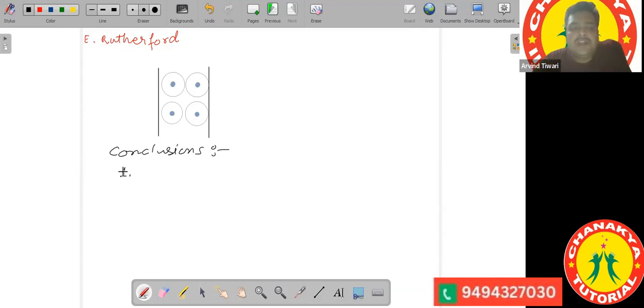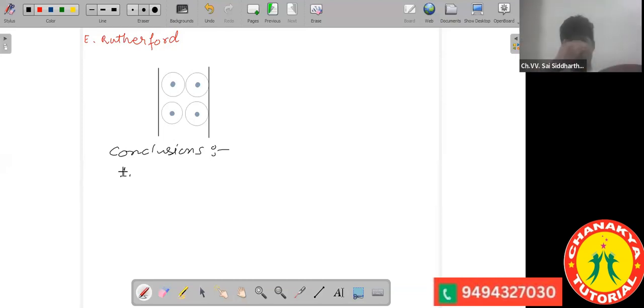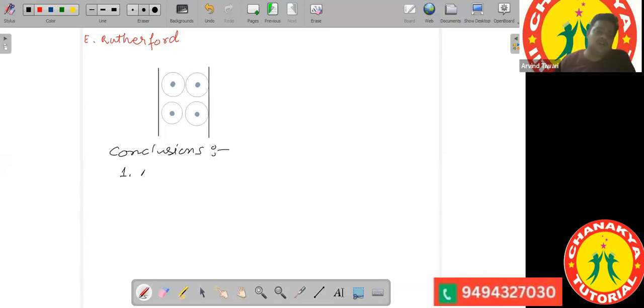What conclusions did Rutherford make? Most of the space inside the atom is empty. So the first conclusion is that most of the space inside the atom is empty.